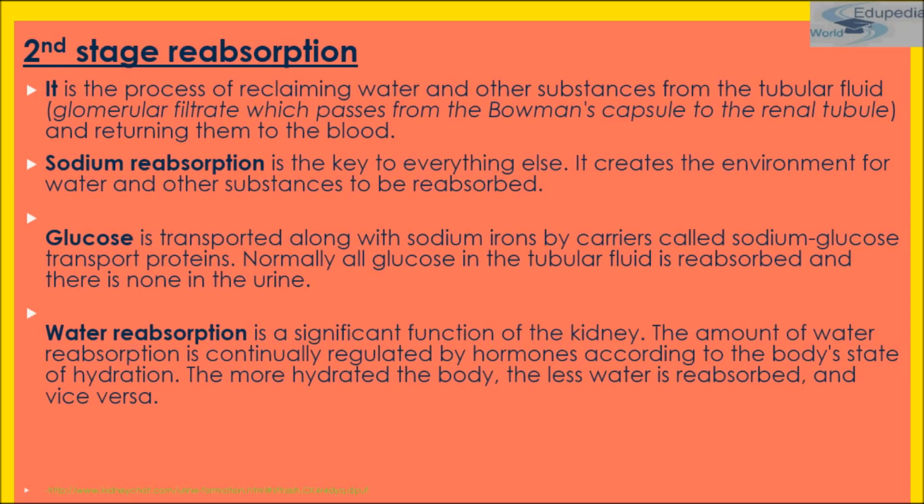So the glomerular filtrate passes through the renal tubule, where selective reabsorption of useful substances takes place from the renal tubule to the blood in the peritubular capillaries.